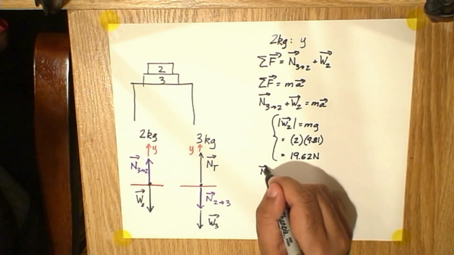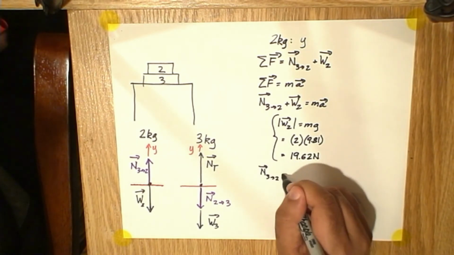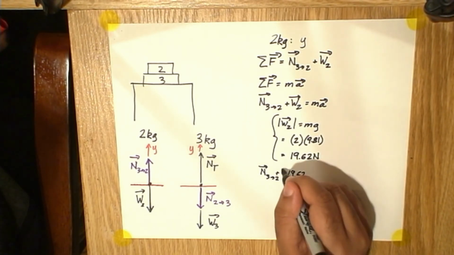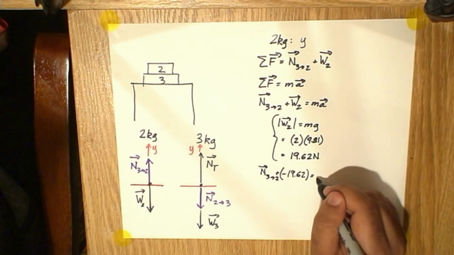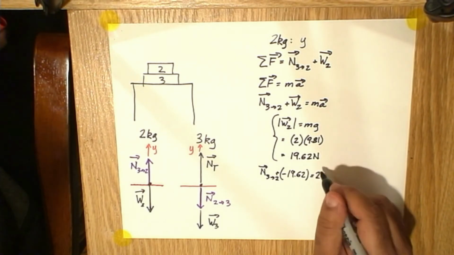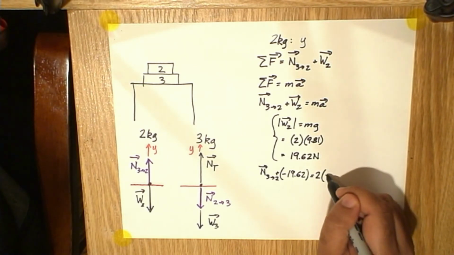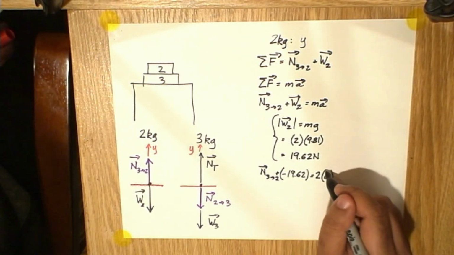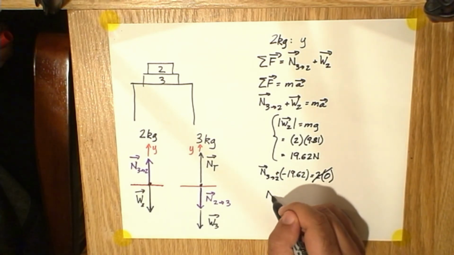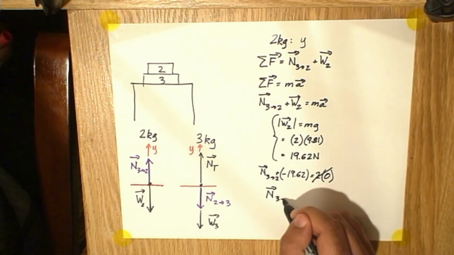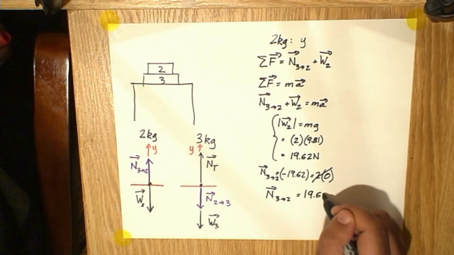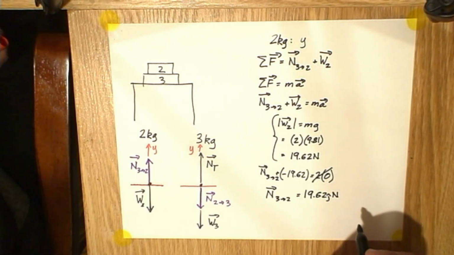So normal of 3 on 2 minus weight 19.62, or if you prefer plus a negative weight, is equal to mass of 2, which is 2 kilograms, times the acceleration. It's not moving, so the acceleration is 0. So simplifying all of this, that term goes away, and we are left with the normal force of 3 on 2 is equal to 19.62 newtons, and this would be in the j hat direction.